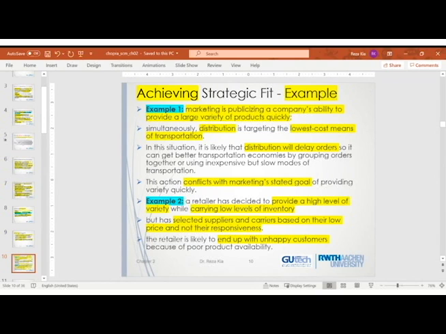Maybe the cheapest transportation is a truck, maybe an old truck, and the manager of the distribution is just looking for that kind of transportation mode. So in this situation, when you are just using the cheapest tools, it means that there might be some interruption in delivery.